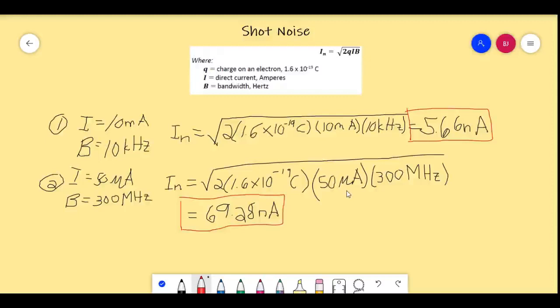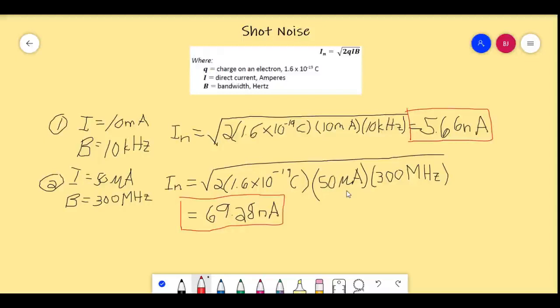Now, the last thing that we have to discuss is actually quite an important thing in communication systems, and that is getting what we call the signal to noise ratio, the noise figure, and the noise factor. As we have discussed already, it's not really the amount of noise that's the most important, but how the signal power is compared to the noise power.